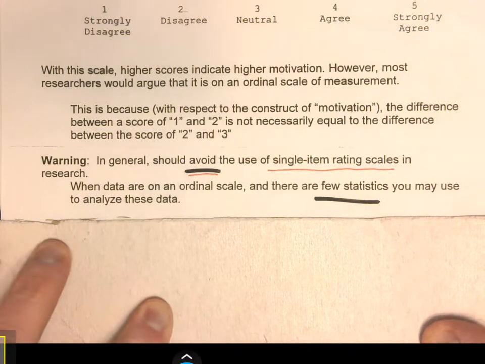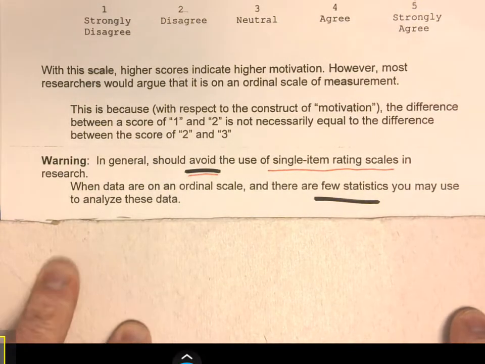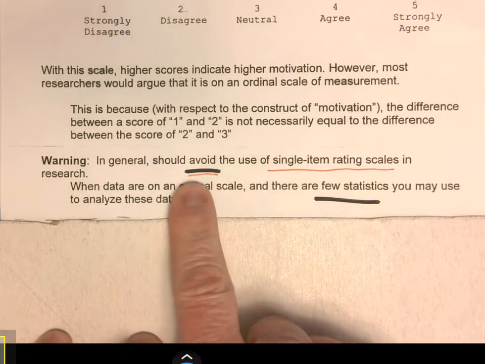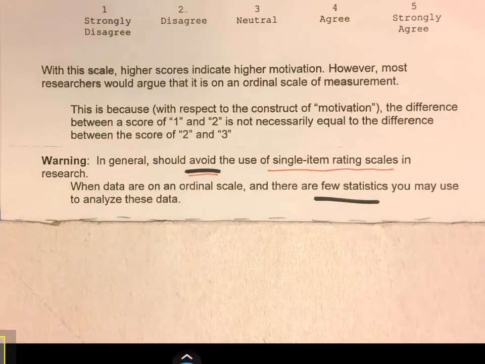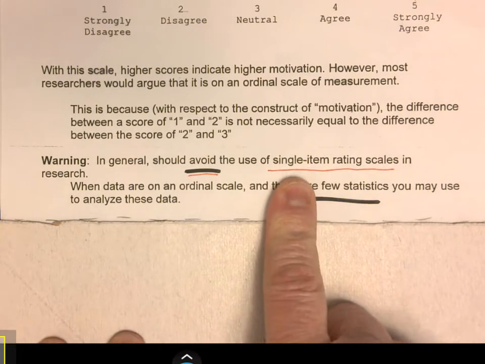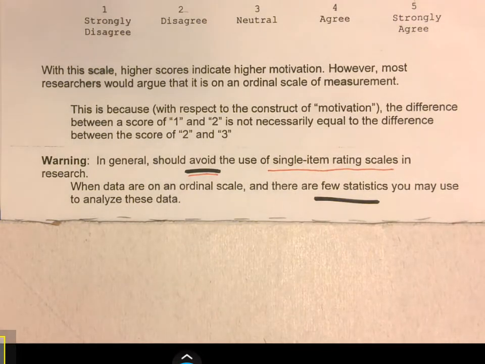And we were toward the end of my talk on the ordinal scale of measurement. I give the warning, in general, you should avoid the use of single item rating scales when you're doing research. When you measure something using a single item rating scale, a lot of statisticians, a lot of researchers will worry that the resulting variable is going to be on an ordinal scale of measurement.